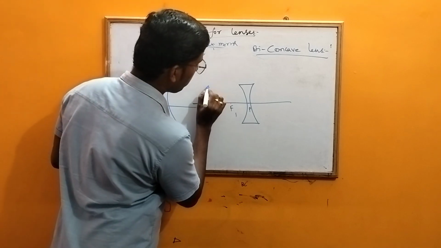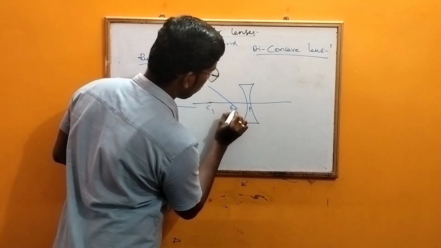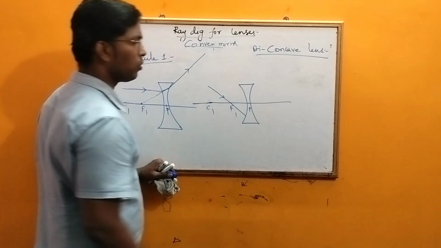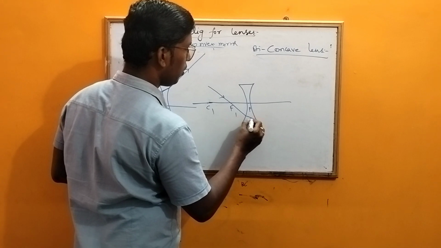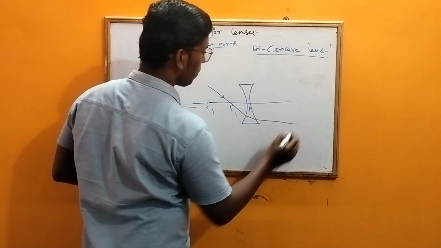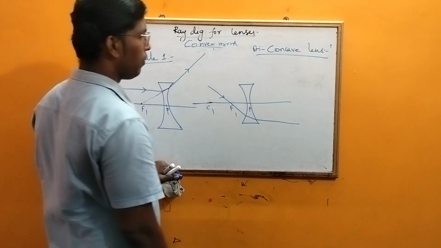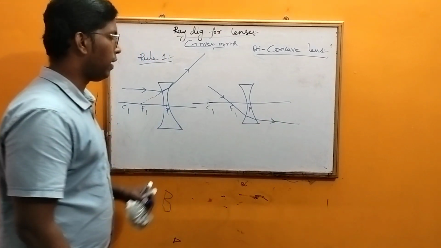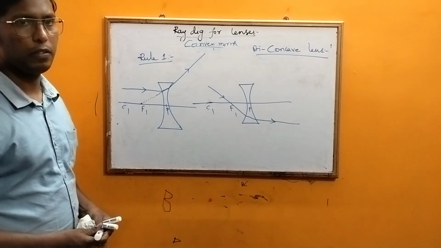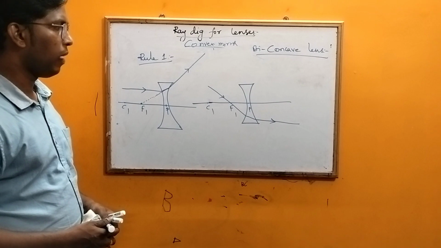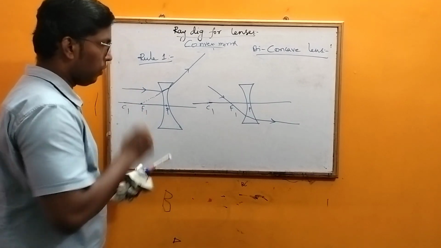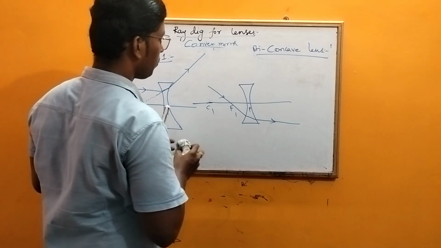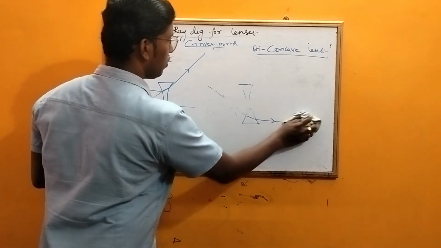If a light ray passes through the focus point, after refraction it will travel parallel to the principal axis, divergent, parallel. Now, third rule, third rule.